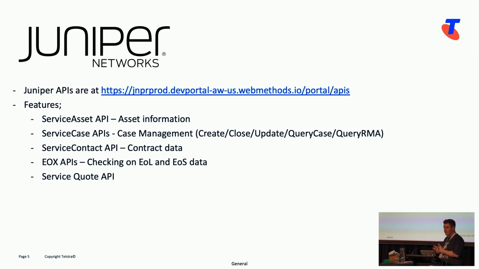It also features Swagger and open API files for easy integration. Some of the APIs they provide I've listed there: case management, where you can create, update, close, and also query certain parts of the case, whether it's getting the work log notes or the details about the RMA.